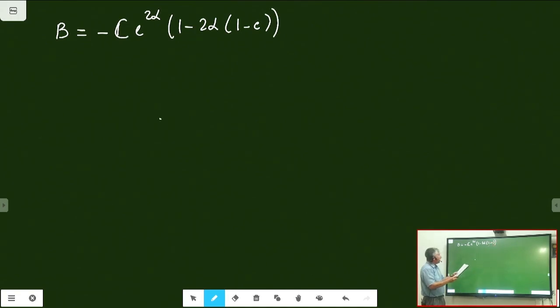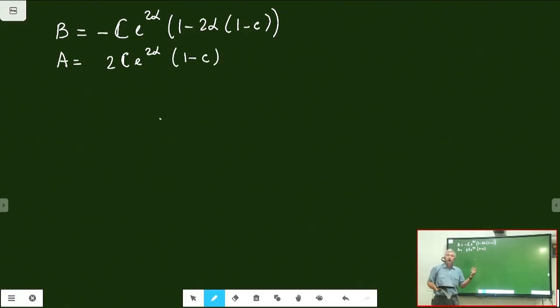So that's what the expression for B is going to look like. And the expression for A is going to be a little bit simpler. 2 capital C e to the power 2 alpha, 1 minus c. So that's what you will get out of two conditions if you go through the algebra.